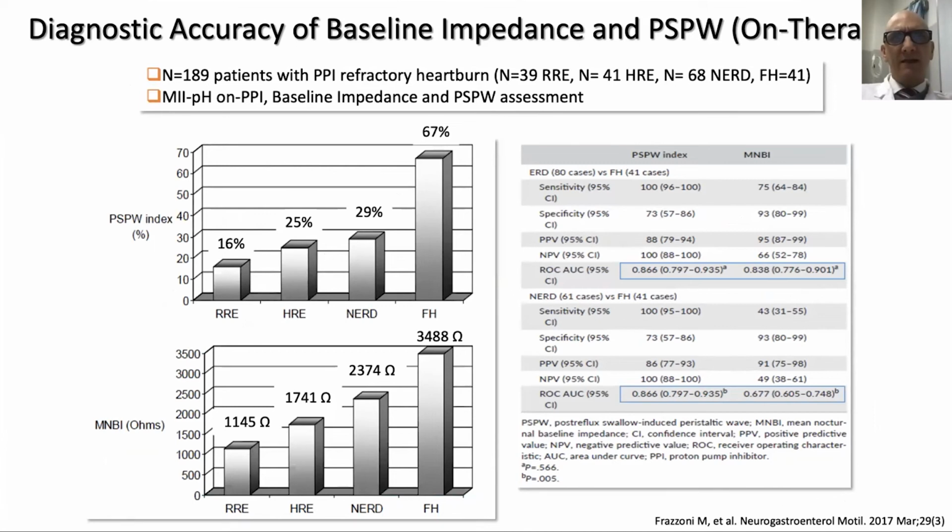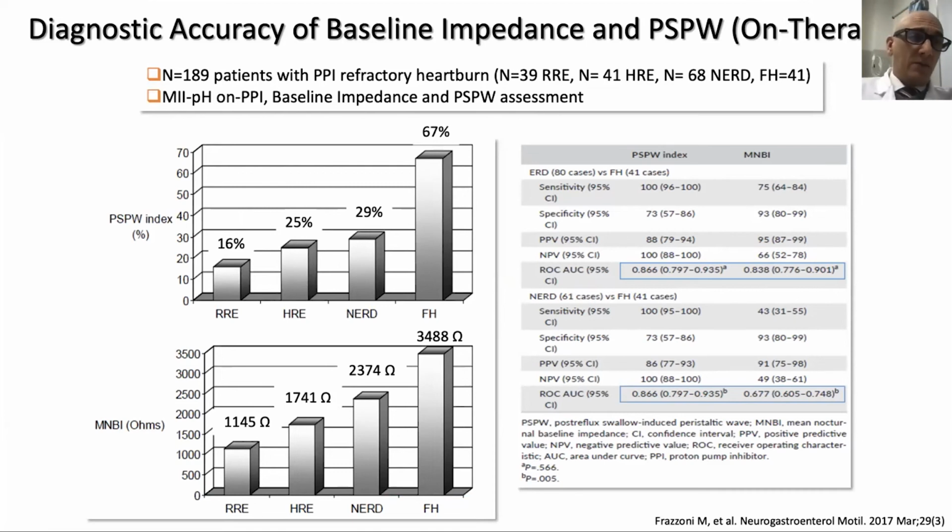Patients were subdivided into refractory reflux esophagitis, healed reflux esophagitis, non-erosive reflux disease patients, and functional heartburn, according to endoscopic and conventional impedance pH findings. The results of this study showed that both MNBI and PSPW index were lower in refractory esophagitis and progressively increased in healed esophagitis and in non-erosive reflux disease, and were normal in functional heartburn.